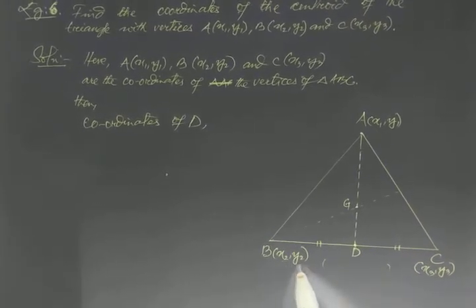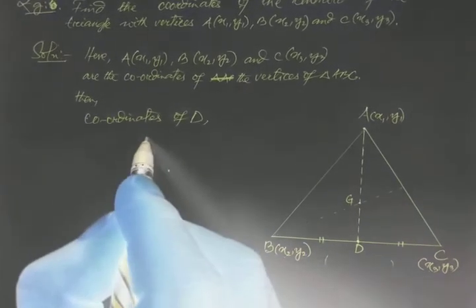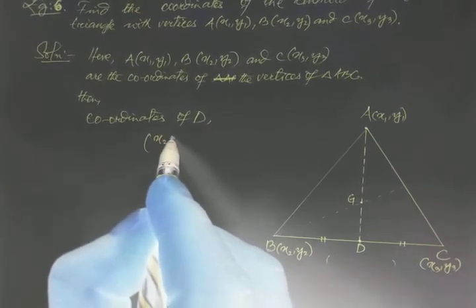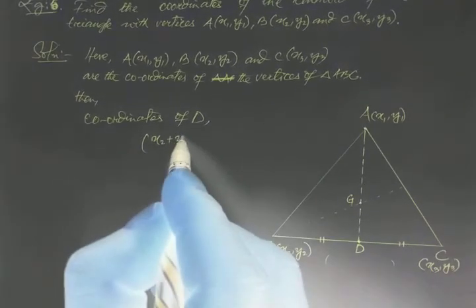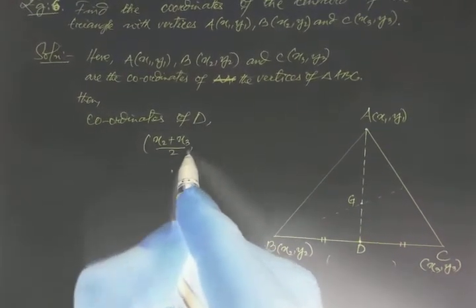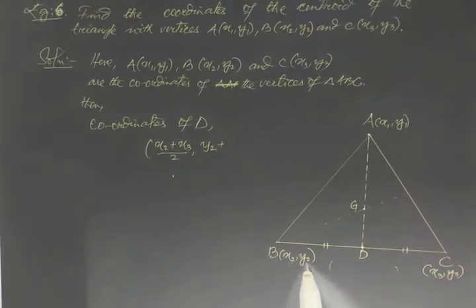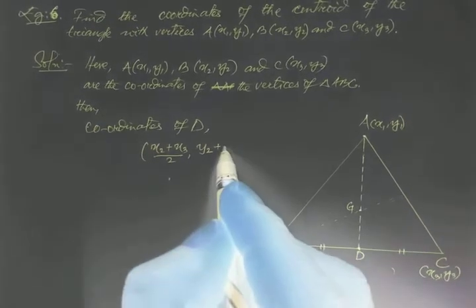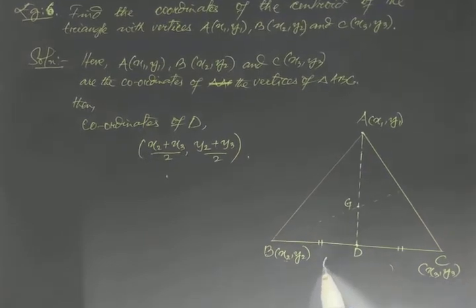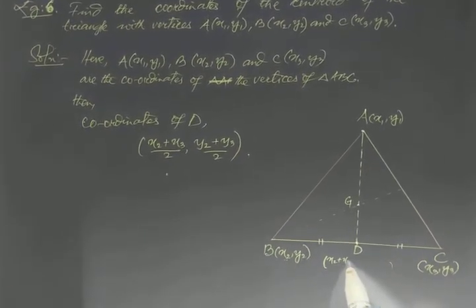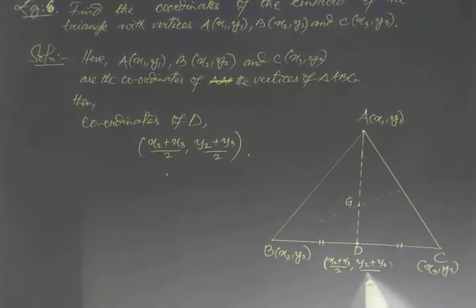Considering the points as (x1, y1) and (x2, y2), in our case x1 is x2 and x2 is x3, divided by 2, comma, y1 plus y2 by 2, where our y1 is y2 and our y2 is y3, divided by 2. So this is the coordinates of D. I'll write it as ((x2 plus x3) by 2, (y2 plus y3) by 2).